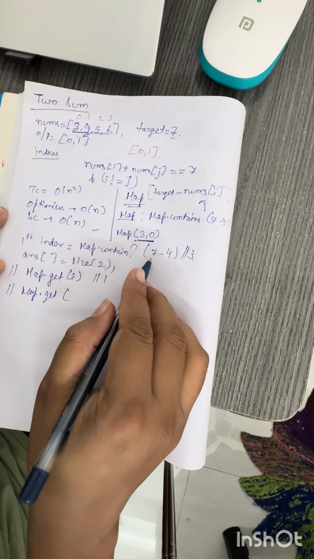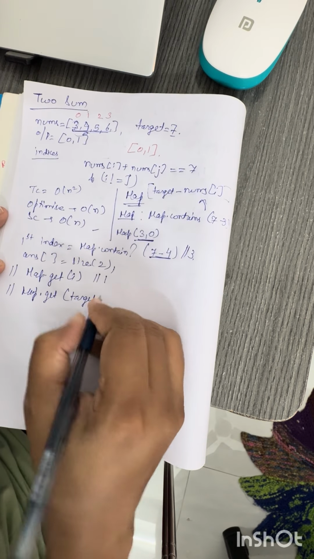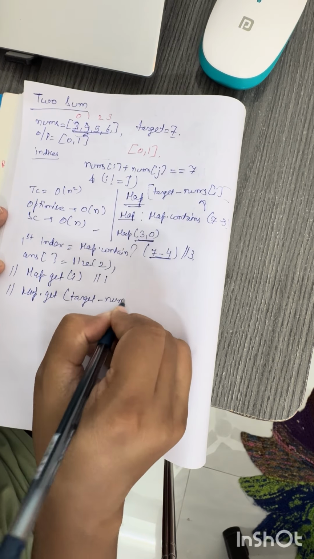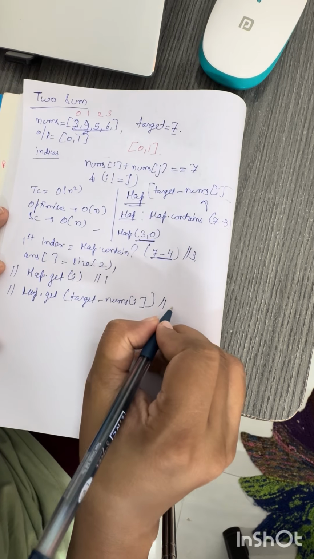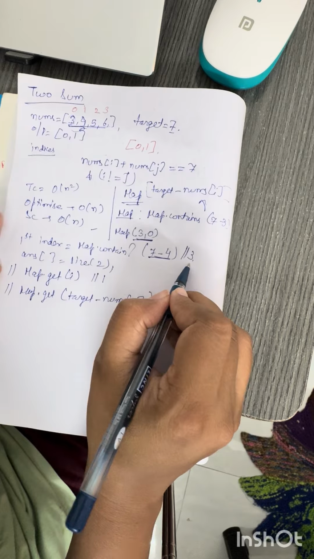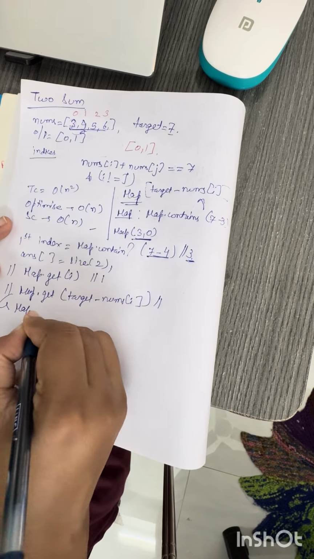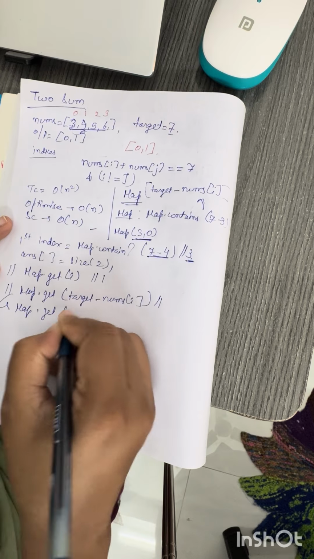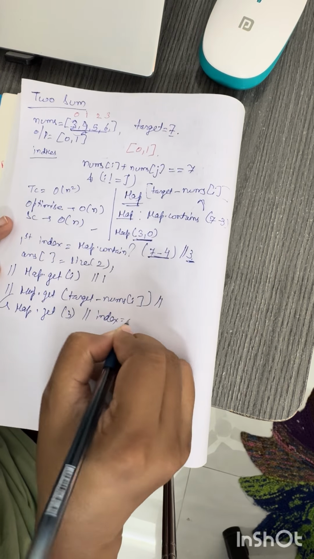The other index will be target minus nums of i. That will give us map dot get 3, which will return to us the index 0.